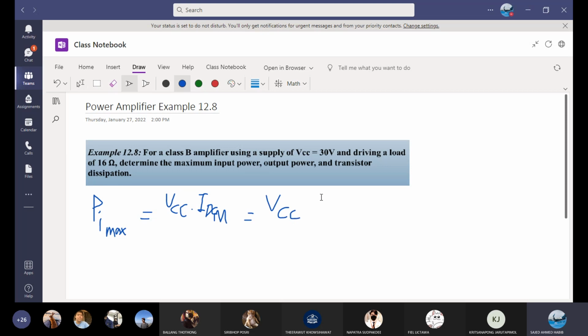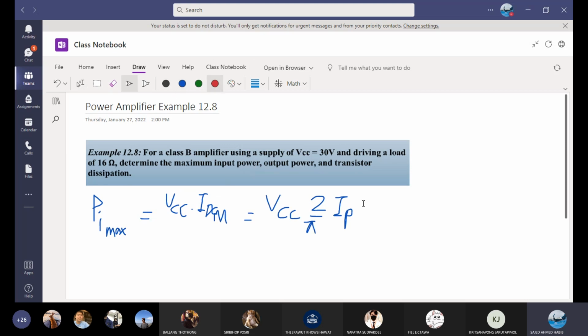Pakon, are you following? Yes. 2 over pi. I peak is VL peak divided by RL. And in the case of maximum, VL peak is the same as VCC.